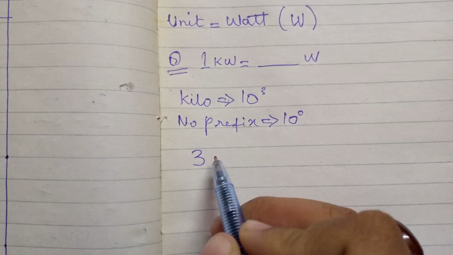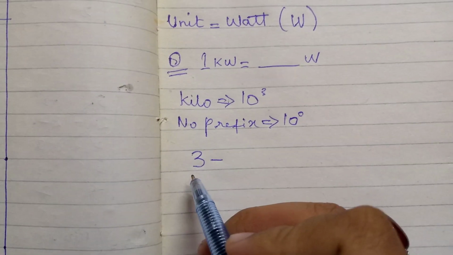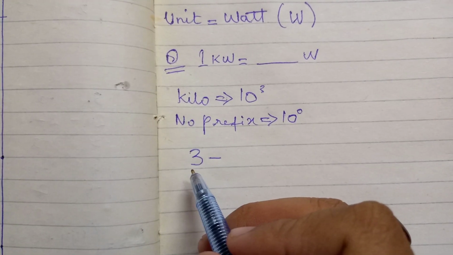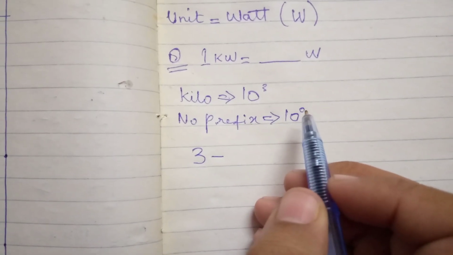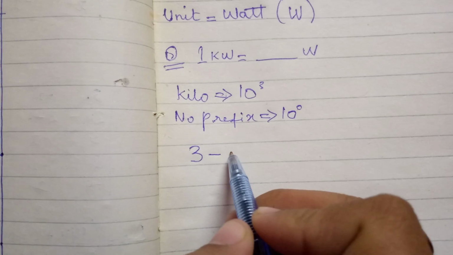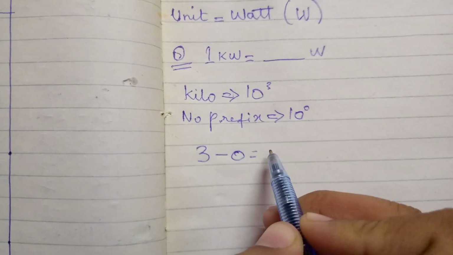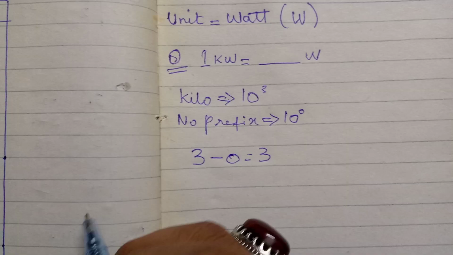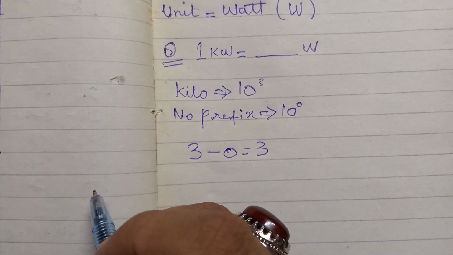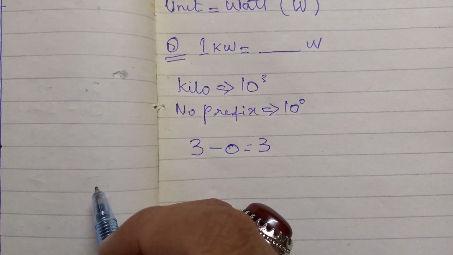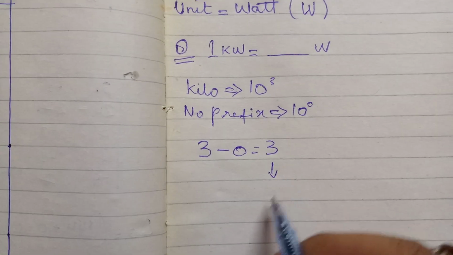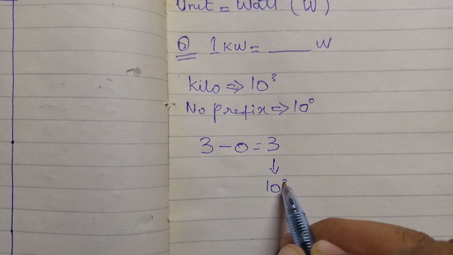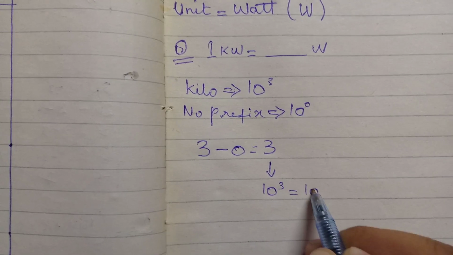So 3 minus, what is the lower prefix? There is no prefix. So the power of 10 for no prefix is 0. So 3 minus 0 is 3. Now put this 3 into the power of 10. So it will become 1000.